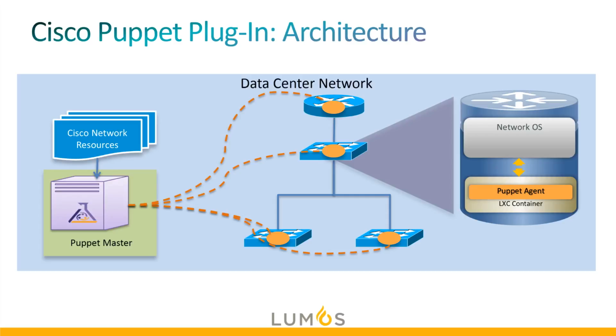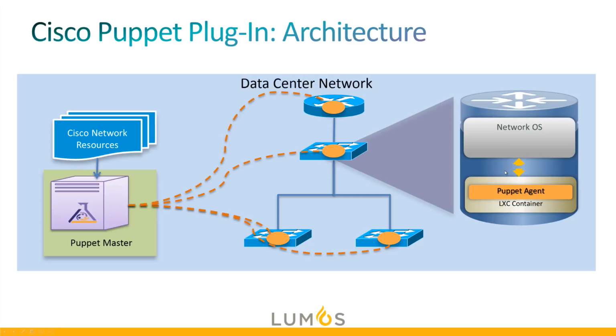In fact, Linux is the base operating system on the Nexus 9K, and on top of that, as a sub-process, is NXOS. This is true with ACI mode as well as NXOS standalone. Since this is Linux, we have the ability to run LXC or Linux containers. This is where our Puppet agent runs and then interacts with the network operating system component as another process.